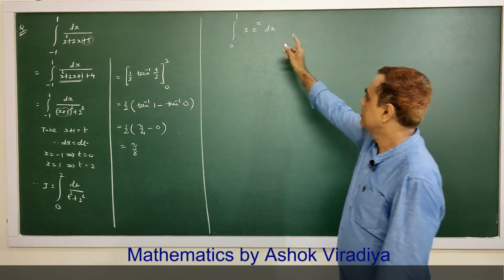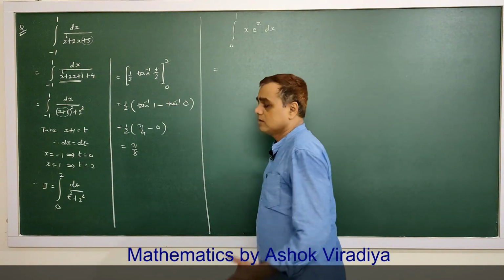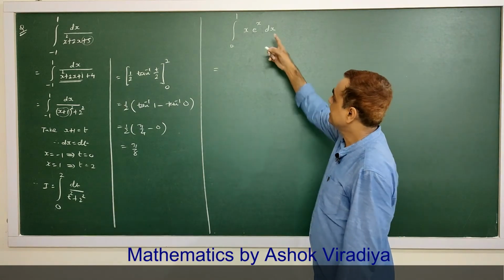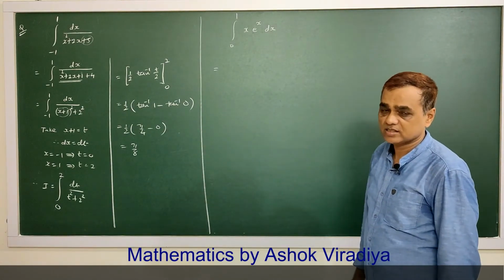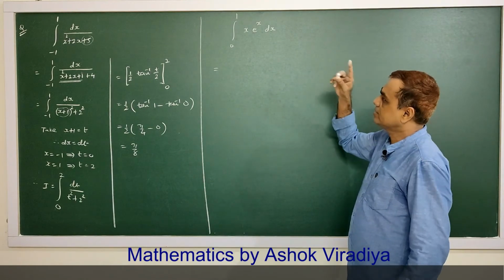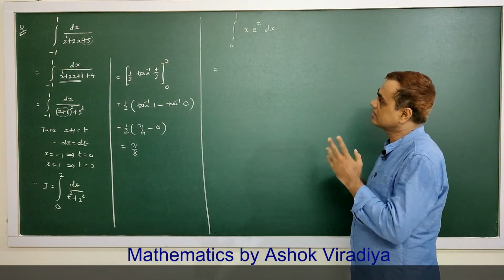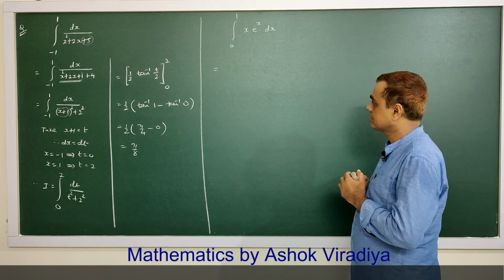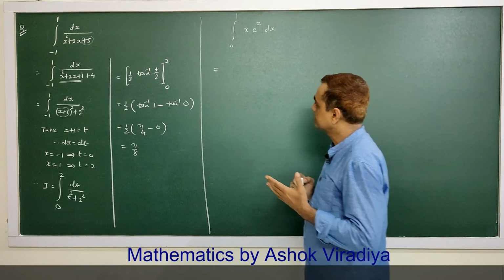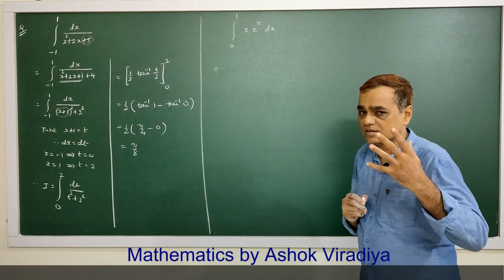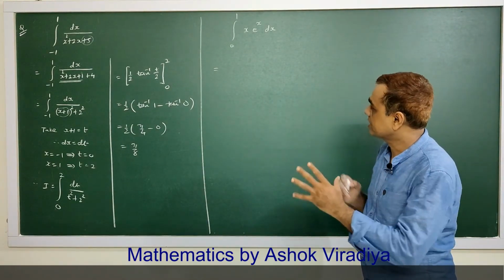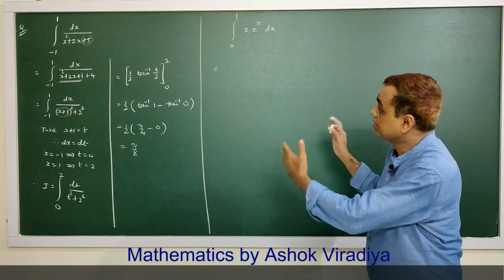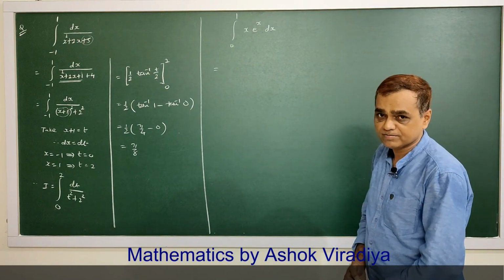Now see here, we apply the rule of integration by parts. X into e raised to x. This can be done by two methods. It can be done by the rule of integration by parts, and the other method is, let me first explain. We understand by the rule of integration by parts how it can be applied in this method.